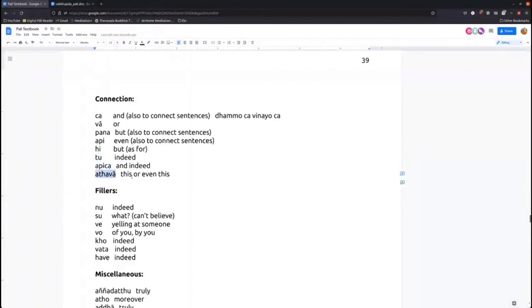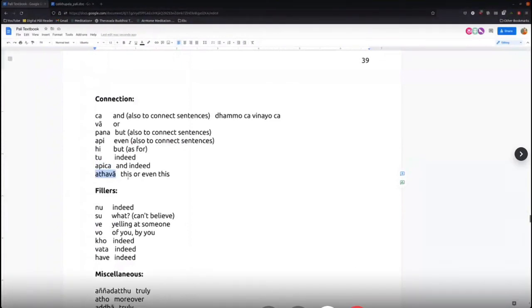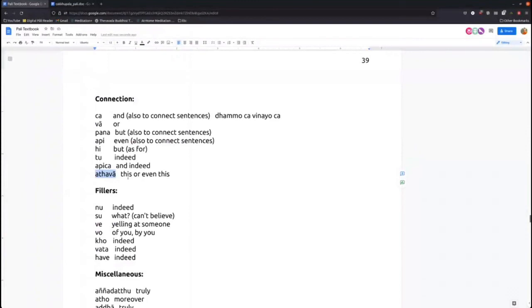Athawa, once in a while. This or even this. Athawa. So you could say buddho athawa tassa savako. The Buddha or even his savaka. His savaka means his follower.